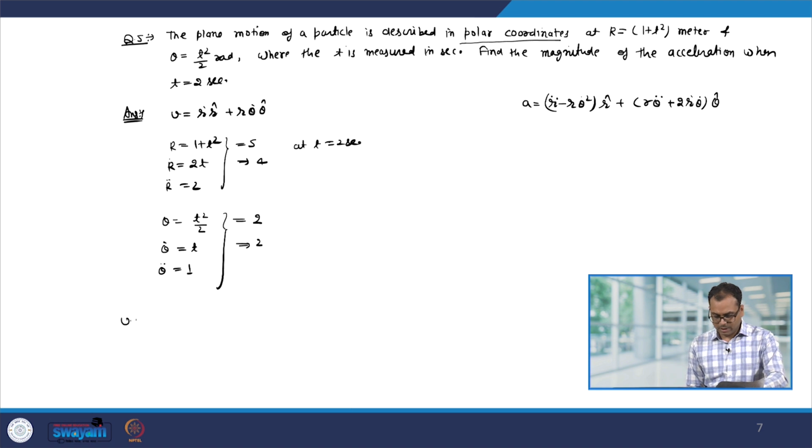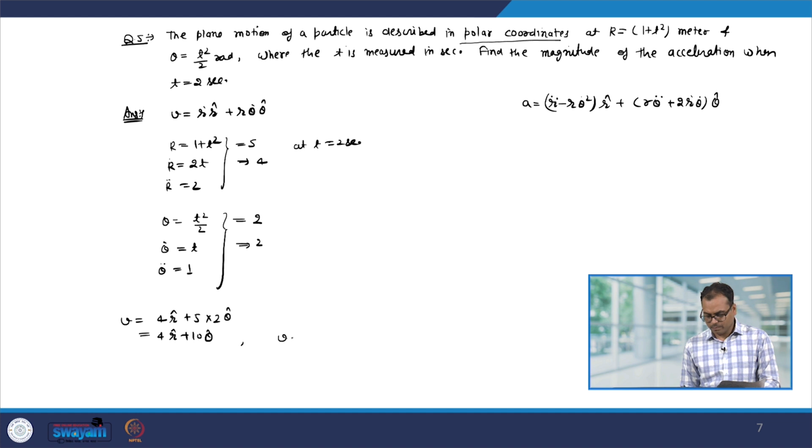So, we get v equal to 4 r cap plus 5 into 2 theta cap. So, we have 4 r cap plus 10 theta cap, this is the velocity, and its magnitude will be square root of 4 square plus 10 square, which is 10.77 meter per second. And acceleration a becomes r double dot minus r theta dot square.